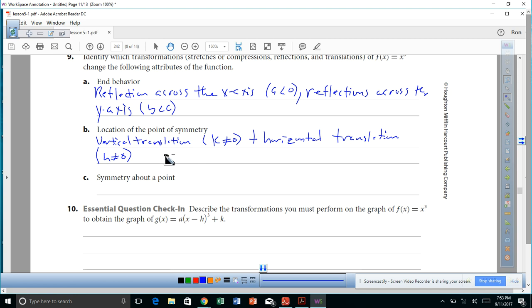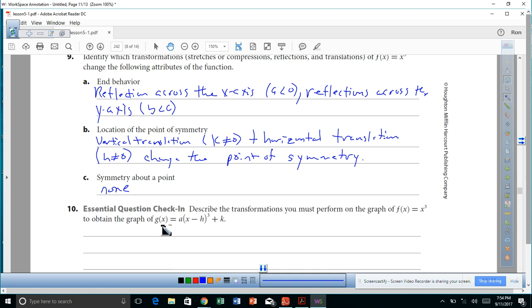They change the point of symmetry. All right, symmetry about a point. Well, no transformations change the function's symmetry about a point. None, not with the cubic function.